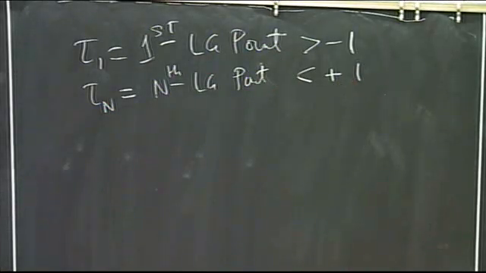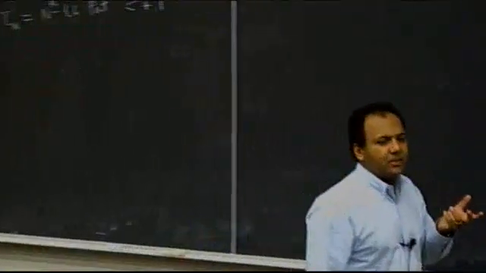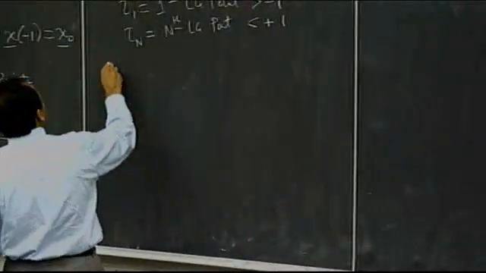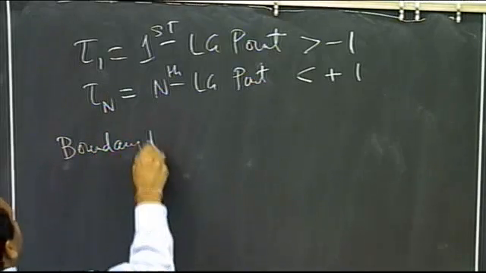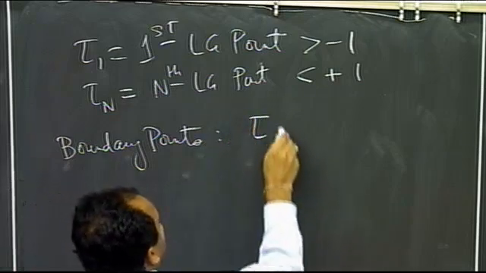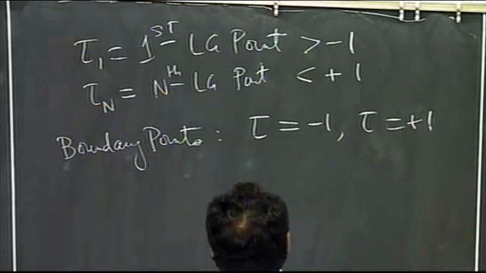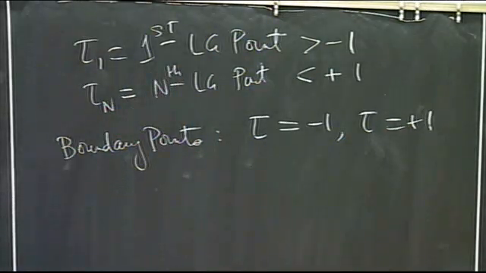And I have n Gauss points, right? So n is the number of Gauss points. So if I'm going to do this with Gauss points, I have a problem on my hands, right? Because the boundary points are tau equals -1 and tau equals +1, but I have a set of Gauss points that don't include the endpoints.